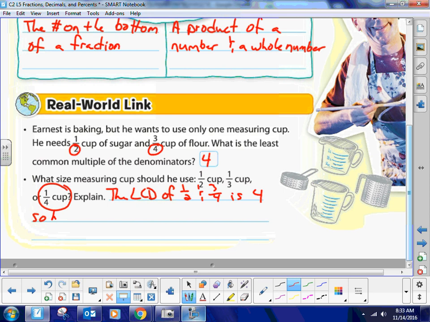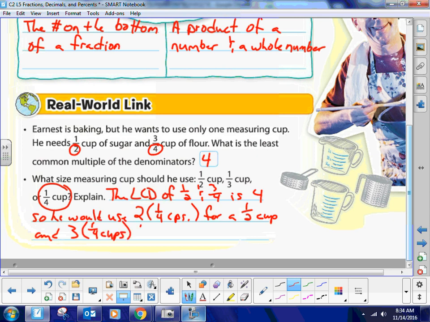So he would use 2 quarter cups for a half a cup and 3 quarter cups for 3/4 cups.